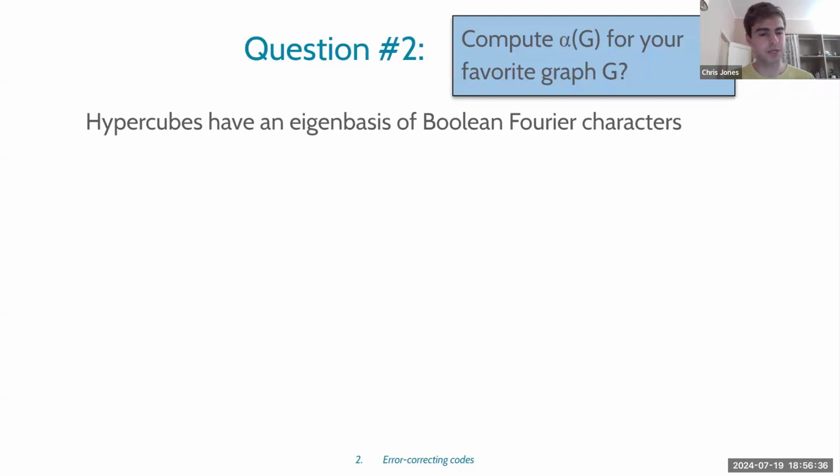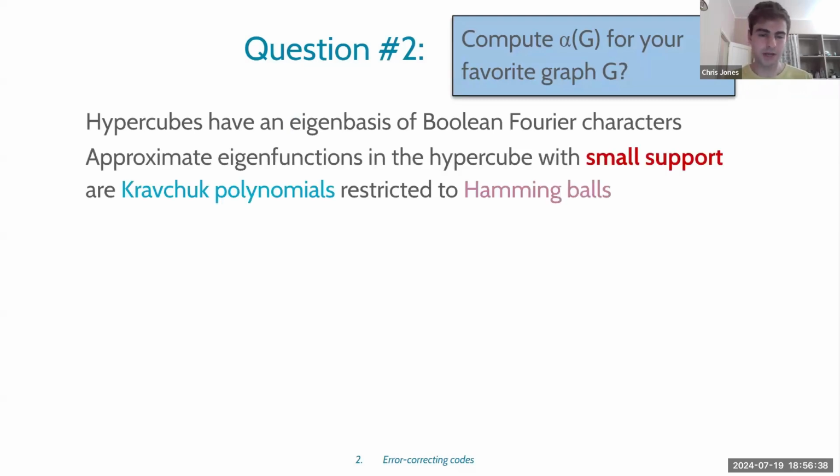Turns out that yes, you can. So in the standard hypercube, there's a set of so-called Krawtchouk polynomials. If you restrict these Krawtchouk polynomials to Hamming balls, then you obtain approximate eigenfunctions in an L2 sense, which do have small support, supported on the Hamming ball.